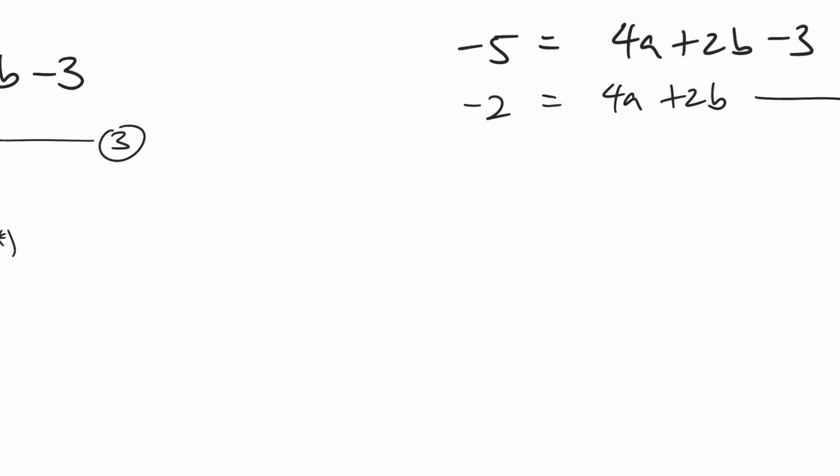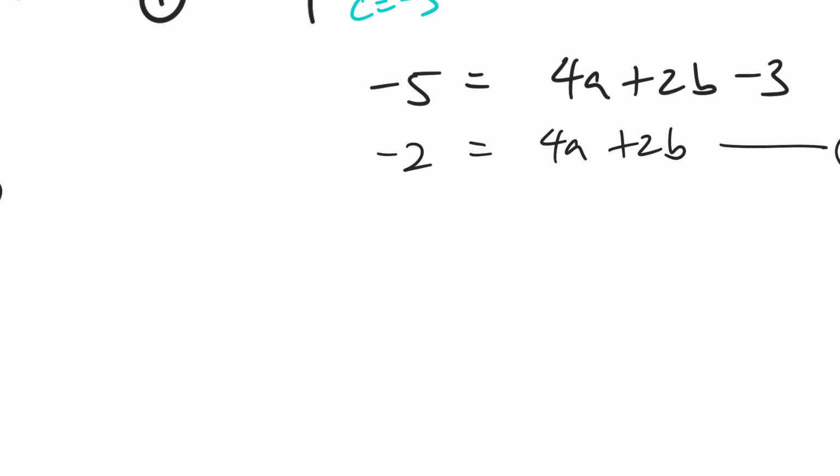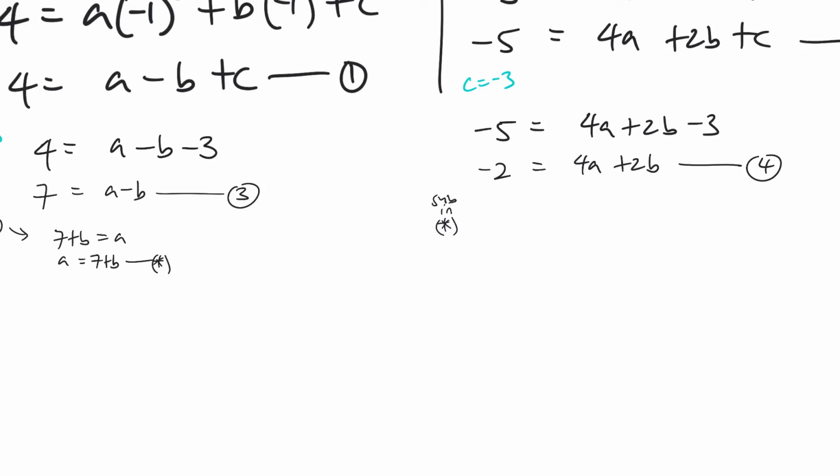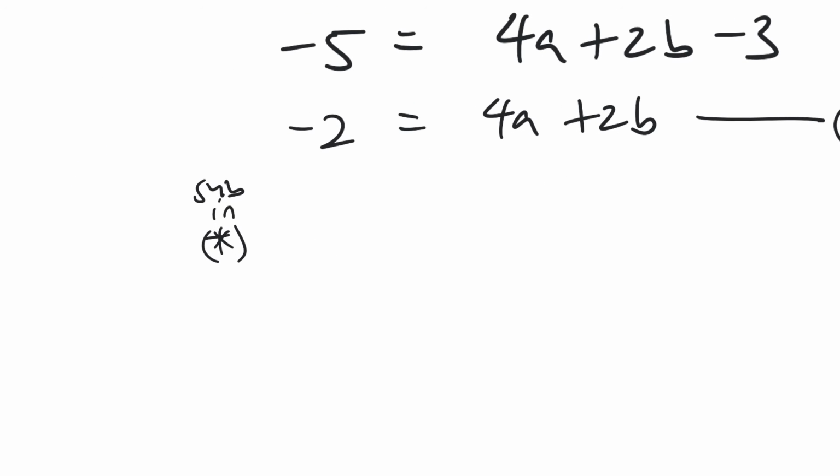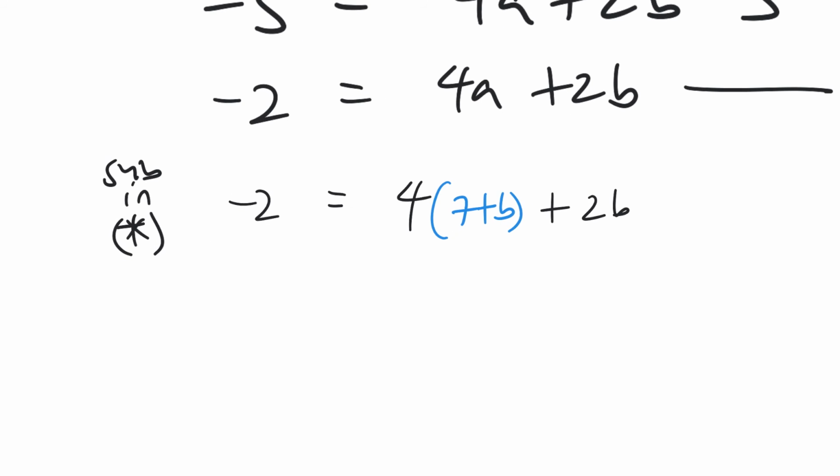Then I'll come here and sub in star. A is 7 plus B, so I'm going to say 4 times (7 plus B) plus 2B. Notice A is gone. I can solve it for B.